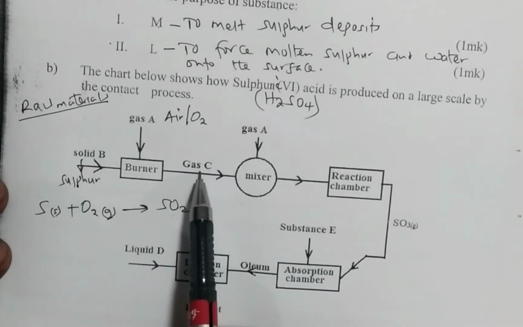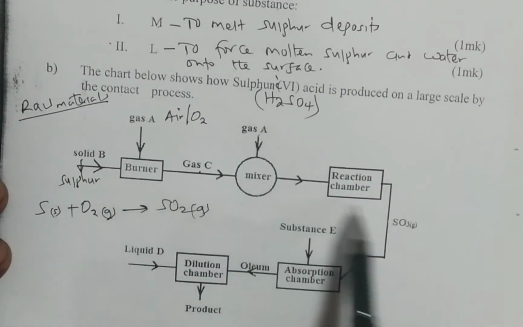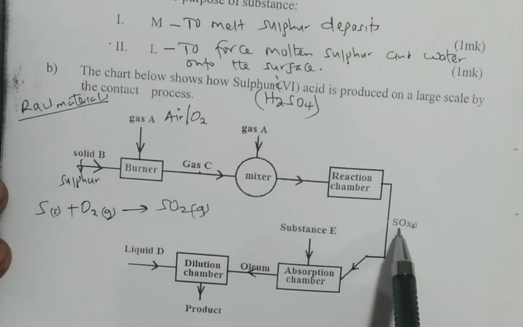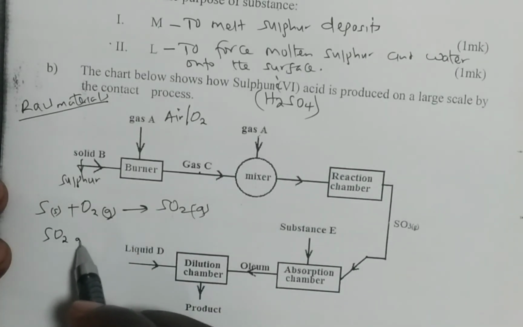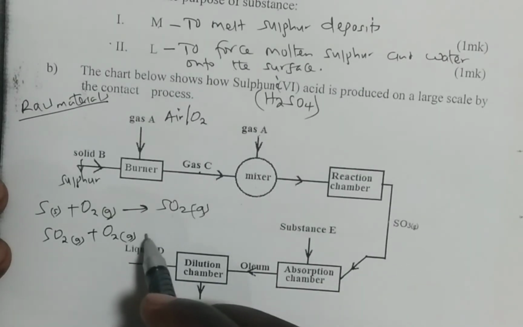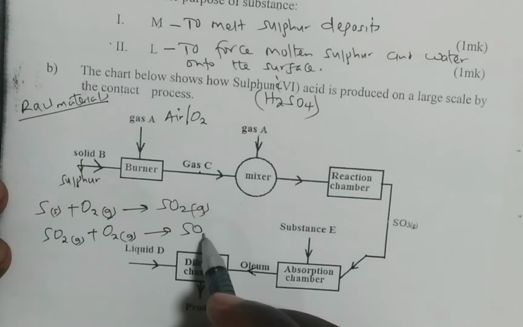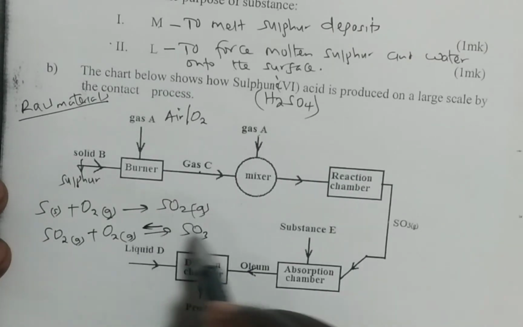Then, of course, sulfur IV oxide, which is gas C, reacts with more air to form sulfur VI oxide. That is, sulfur IV oxide is further oxidized in air to form sulfur VI oxide.